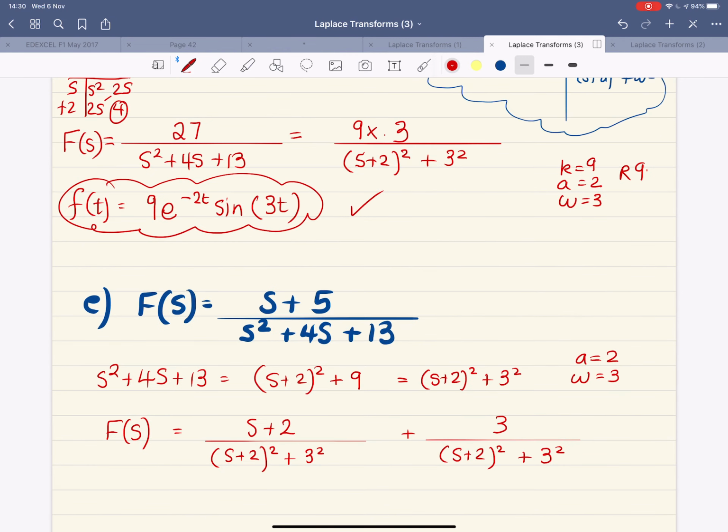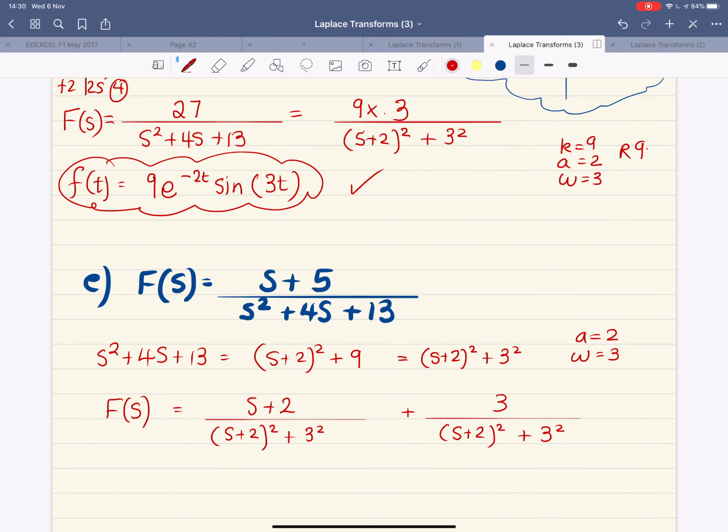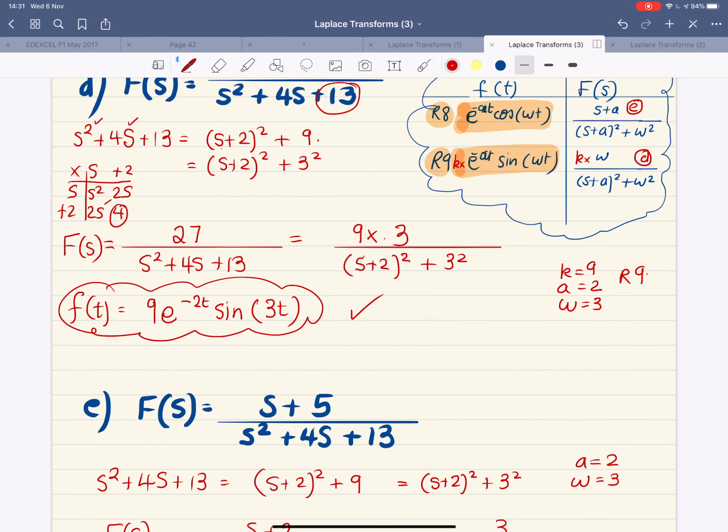So what we've actually got now is two added together. The first one, row 8, (s plus 2) squared plus 3 squared, has the answer e to the minus at cos omega t.